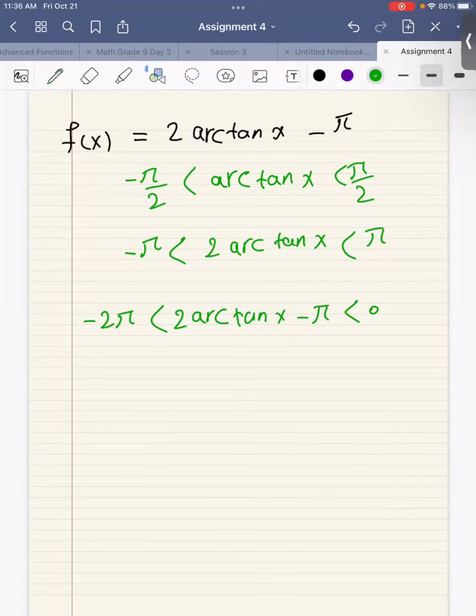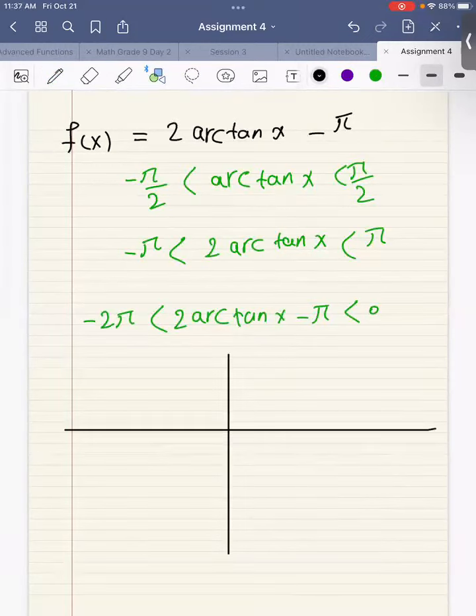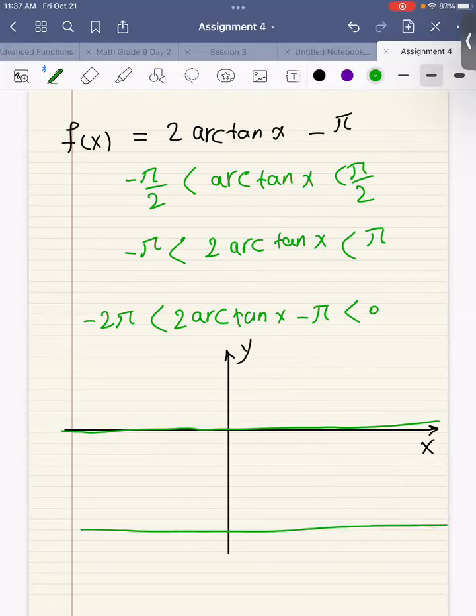I can also draw the graph of this for you. You have two horizontal asymptotes. One is 0, one is negative 2 pi. So y equal to 0 is one asymptote, and y equal to minus 2 pi is another asymptote.